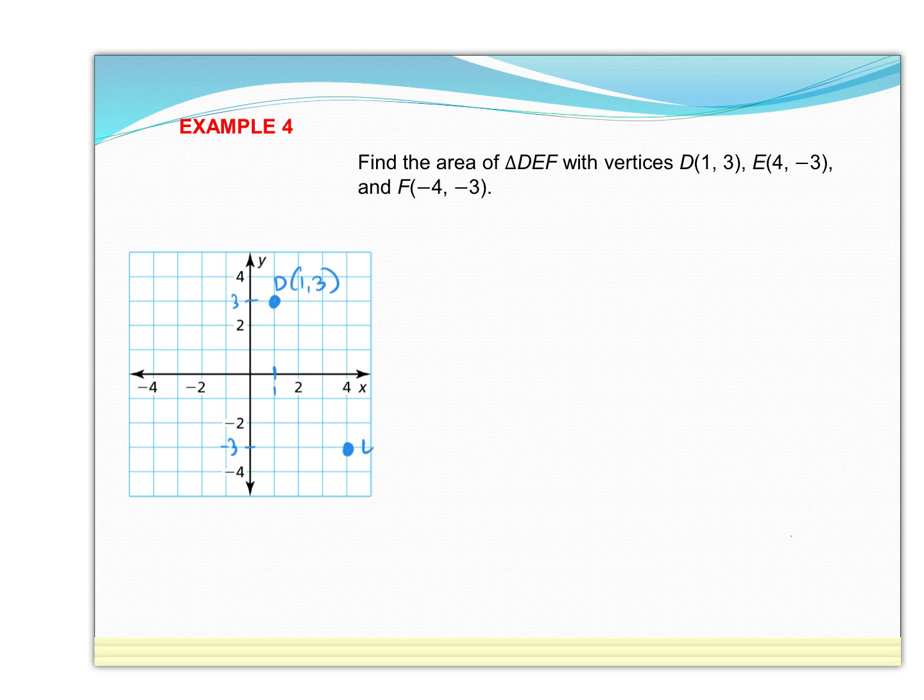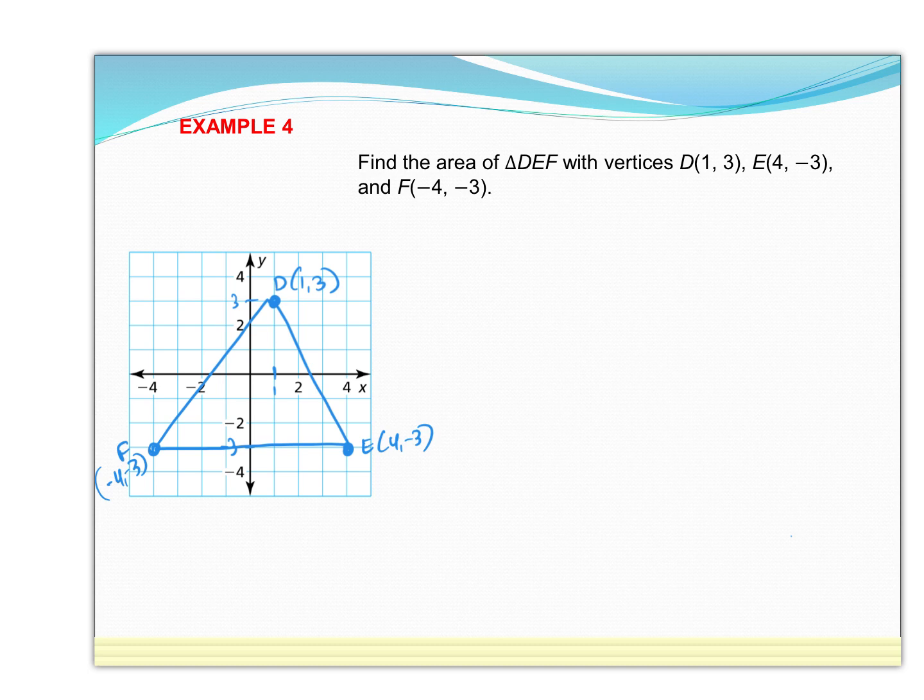And we have F, which is -4, -3 here. We try to be nice at first and give you some horizontal or vertical lines, so we don't have to work too hard on one of them, right? Because here's our triangle.